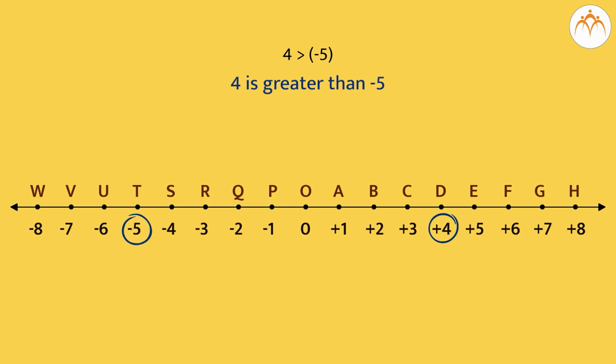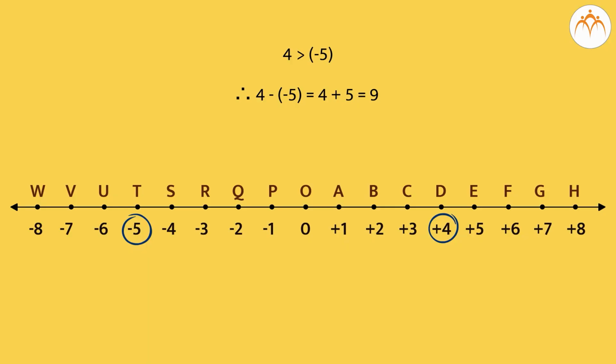So we have to subtract -5 from 4. What do we get? 4 minus -5, that is 4 plus 5 equal to 9 units. Understood? Therefore, the distance between the points T and D is 9 units.